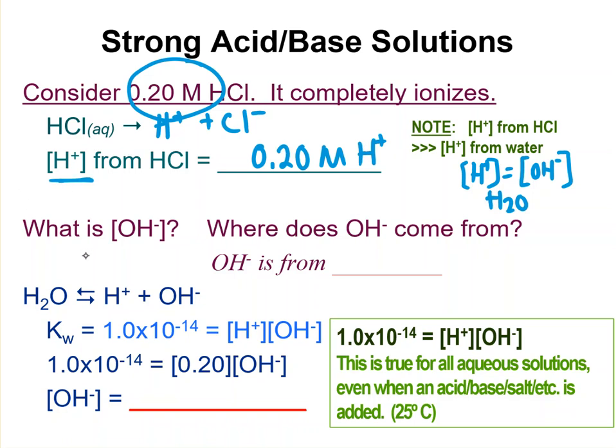Okay, and so this one's pretty obvious. In this case, what about the hydroxide ion concentration? You might think, oh, it's an acid, it doesn't have any. But it does. It does have hydroxide ions from the water. Water is always there, and it's always in its equilibrium, and it has its equilibrium constant.